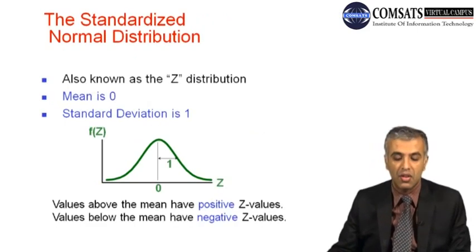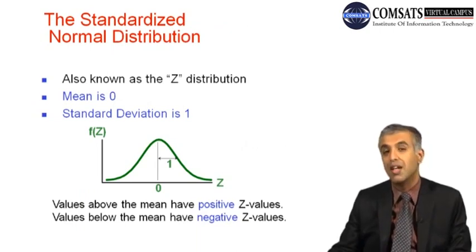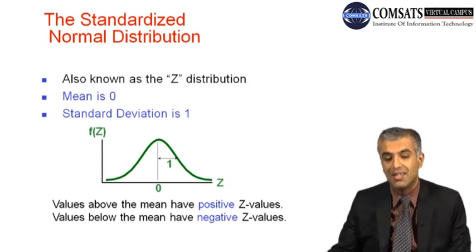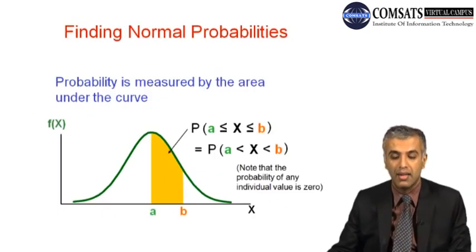Based on that, we also had a discussion on the z-values, and how z-values can be traced in the same normal distribution curve, and how we can assess them, where the positive z-values will lie and where the negative z-values will lie.